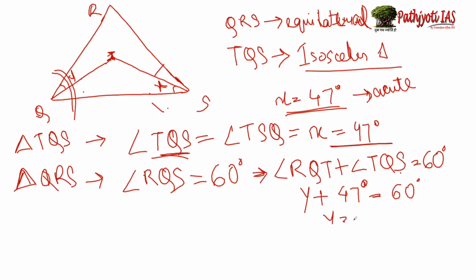So y will be of course 60 minus 47. This will be 13. So this is how it goes.